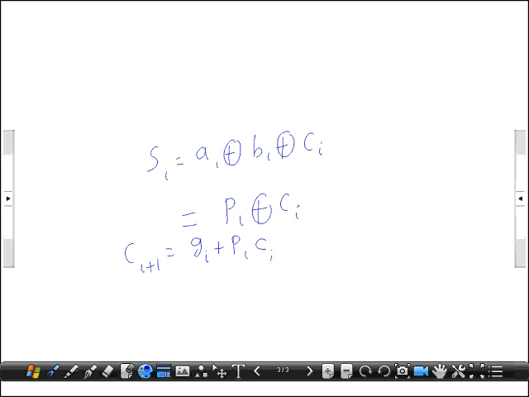Since 4-bit addition is performed, i is equal to 0, 1, 2 and 3.